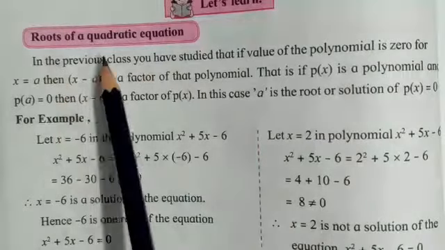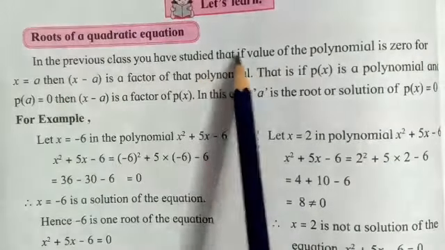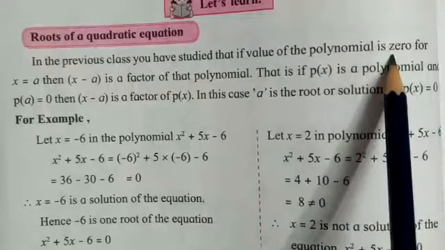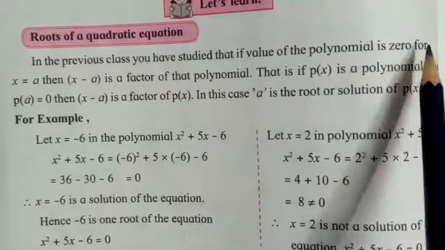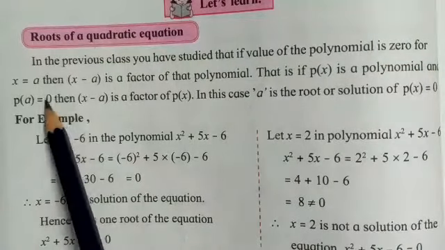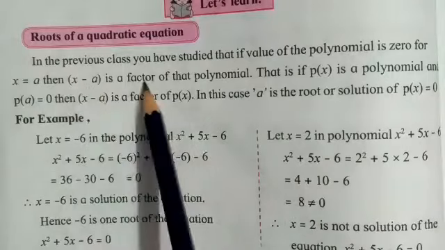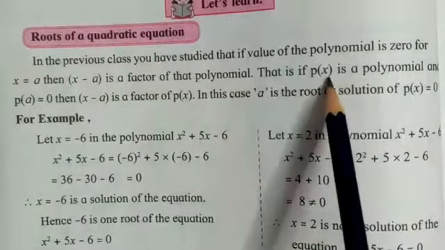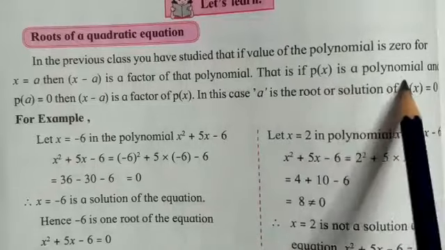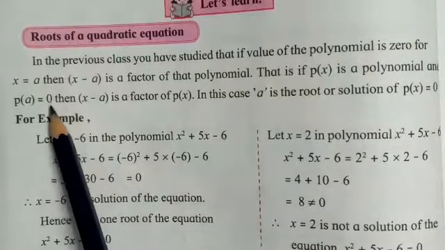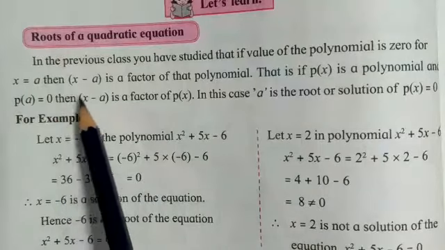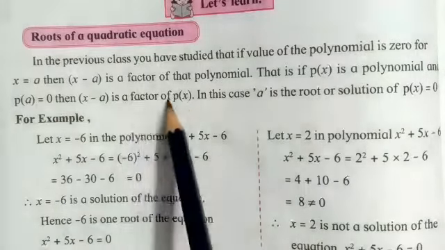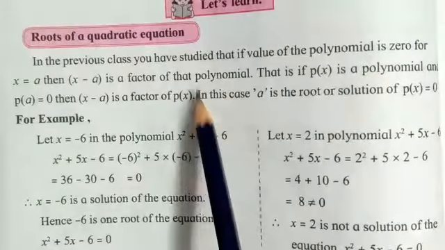In the previous class, we studied that if the value of the polynomial is 0 for x is equal to a, then x minus a is a factor of that polynomial. If p(x) is a polynomial and p(a) is equal to 0, then x minus a is a factor of p(x).